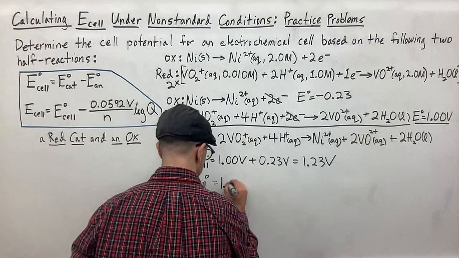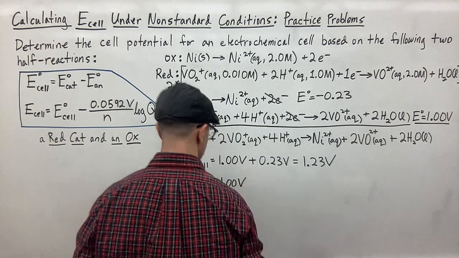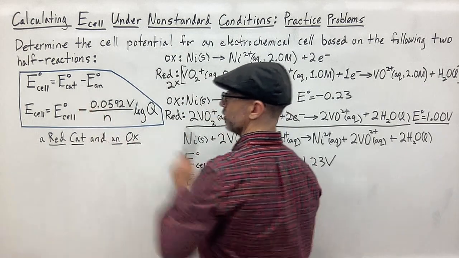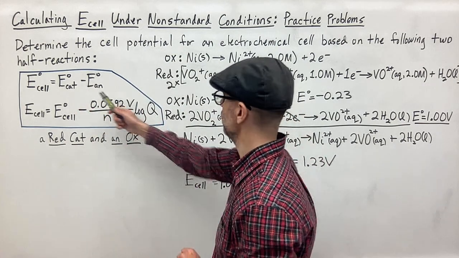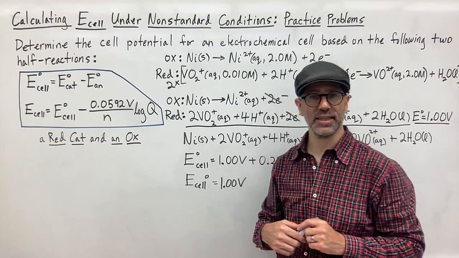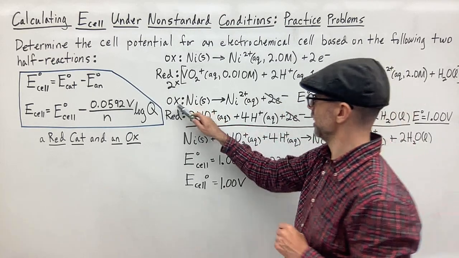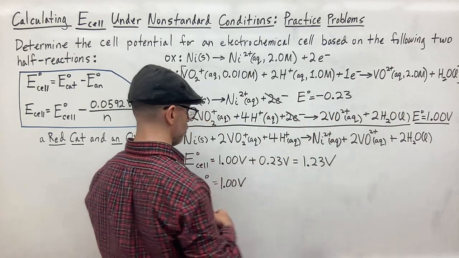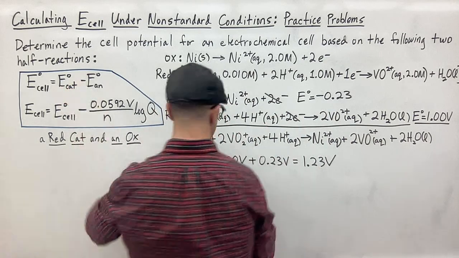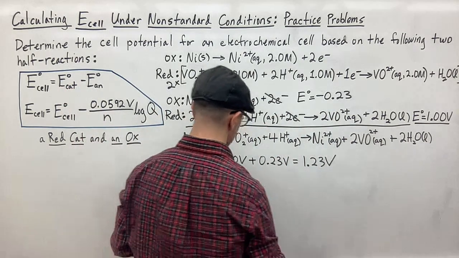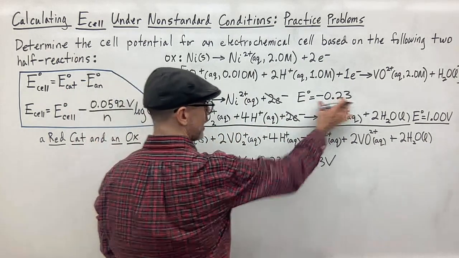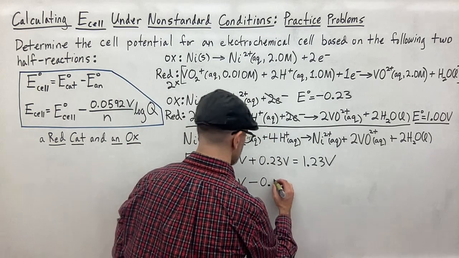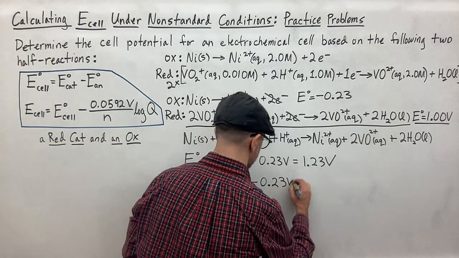1.00 volts. And then we would subtract out whatever is happening at the anode. Oxidation is happening at the anode. So here we have oxidation, and so that would be a negative 0.23. So we're going to subtract a negative 0.23 volts.